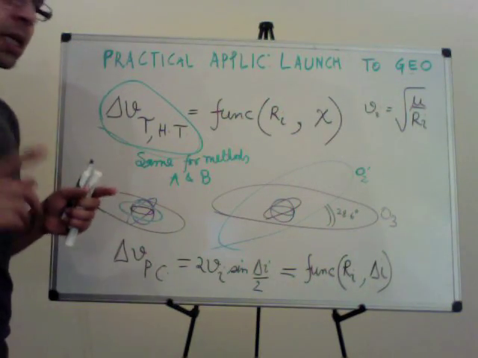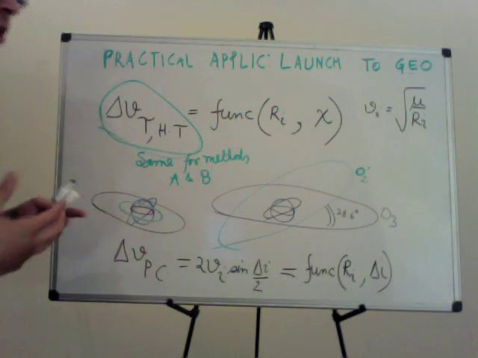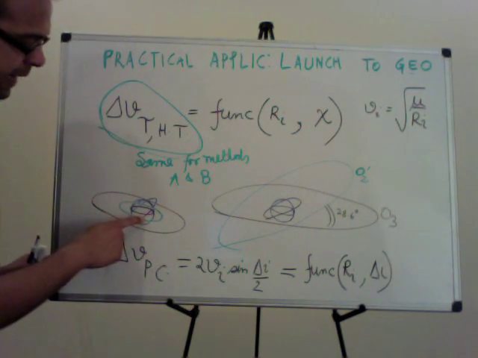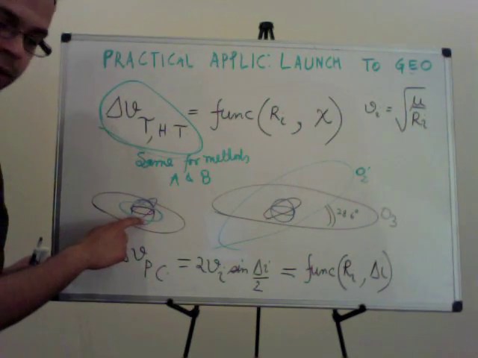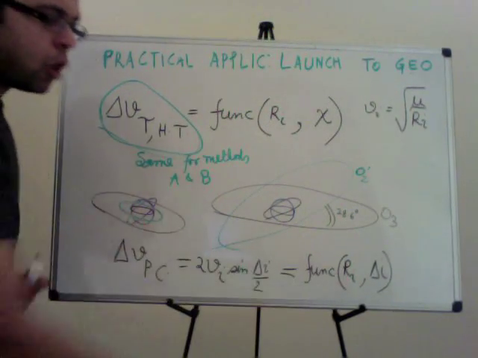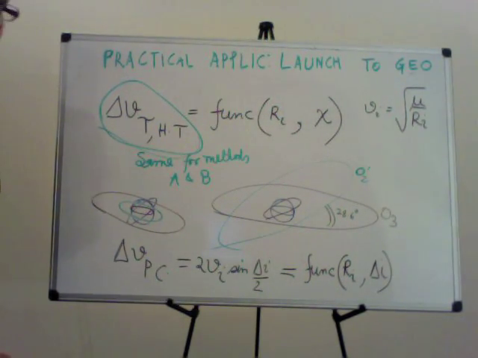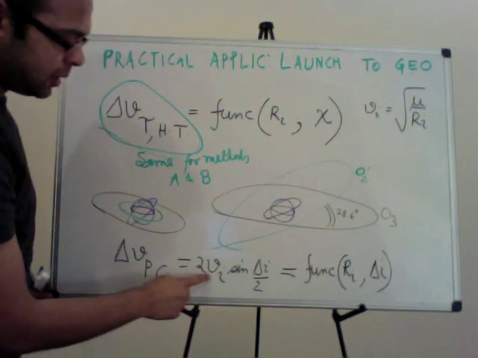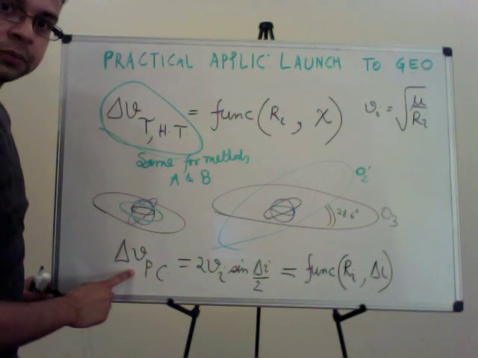The difference is where the plane change occurs. In method A, the plane change occurs closer to the Earth. So Ri is small. Ri is small means that Vi is large. Vi is large means delta V is large.